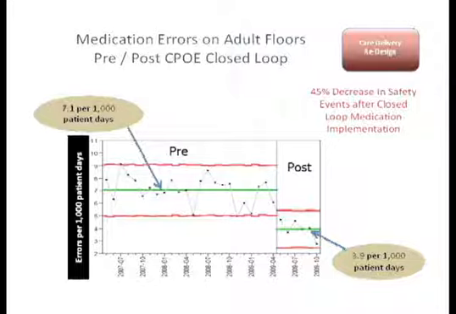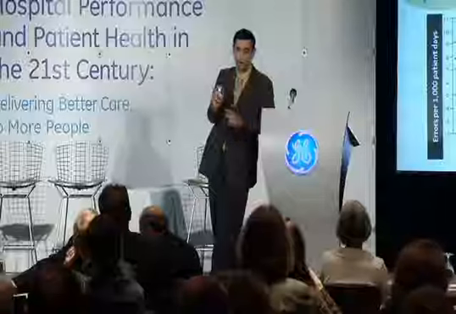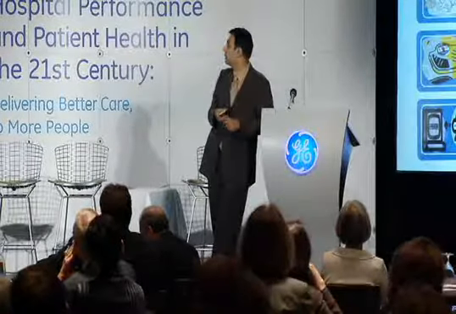Not just CPOE at the front end to get rid of the handwriting errors, but linking the decision support. We were able to show, in terms of adverse drug event reduction, and this is a paper that's gone into publication, post-closed loop this huge reduction in ADEs because of the communication link that got established around complication preparations.